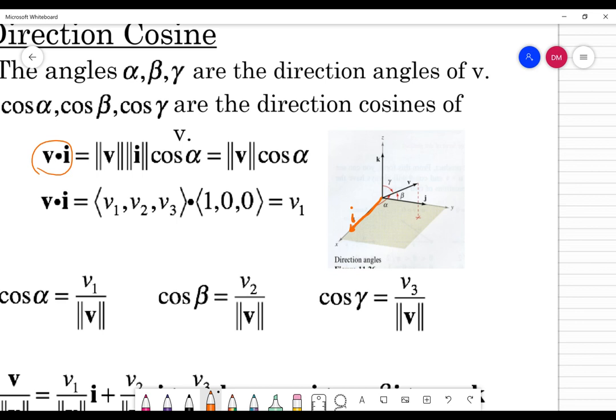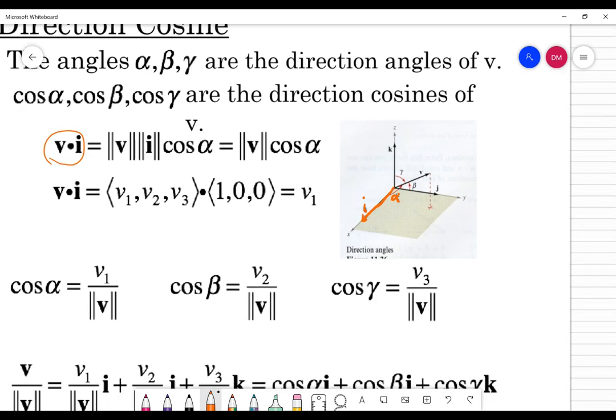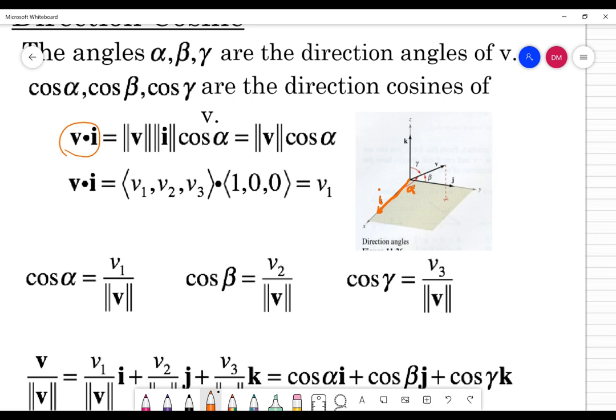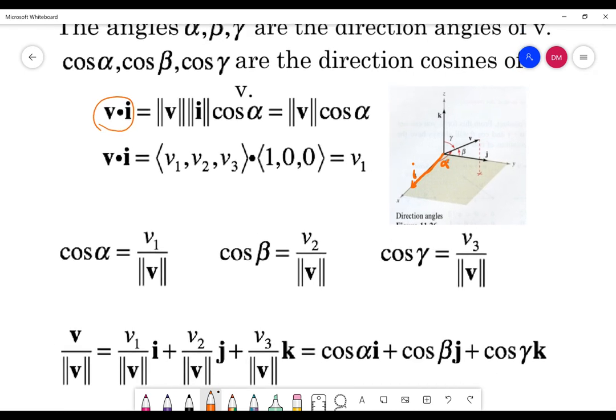If I'm trying to find the direction angle with that, that would be alpha right here. It's kind of hard to tell, but there is a little bit of dimension here. It's coming from that positive x-axis out to your vector in space, okay? So to find that angle, you would take the dot product of v and i, and then you would apply this formula.